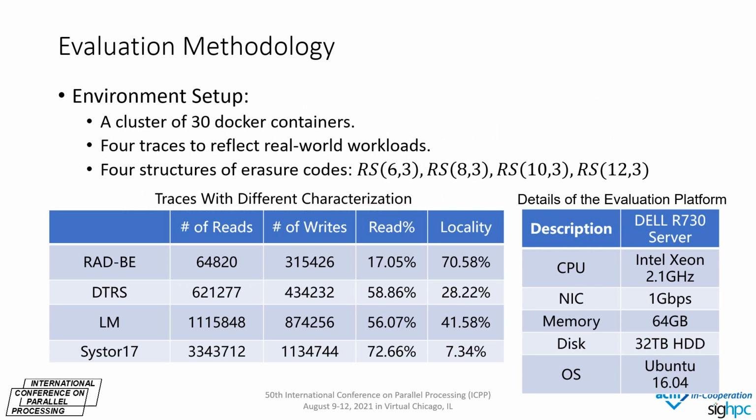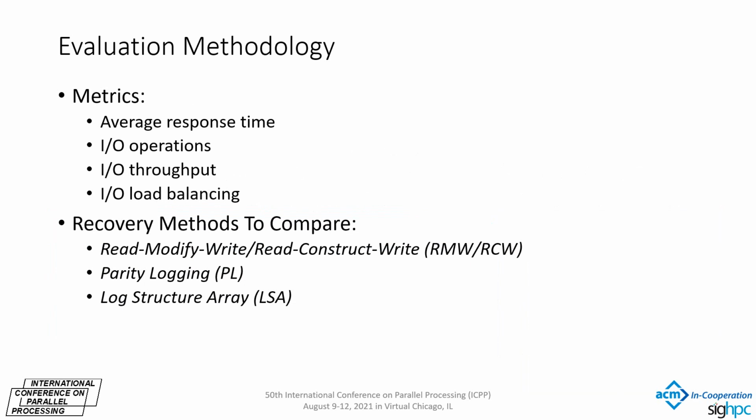We also use 4 structures of erasure codes. The traces and evaluation platform are shown in the table. We use 4 metrics including average response time, I/O operations, I/O throughput, and I/O load balancing in the experiment. We compare GOOD with typical update methods: RMW, RCW, priority logging, and log stretch area.